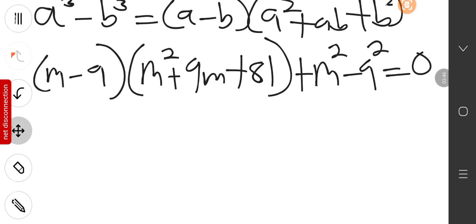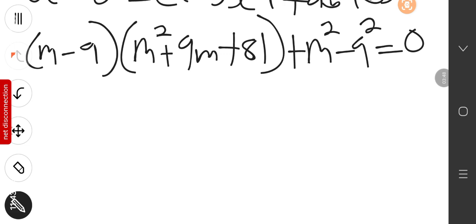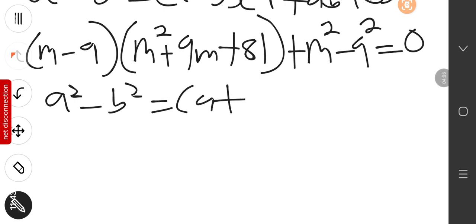The next thing you're going to do is to apply the difference of squares identity, because we have already applied the difference of cubes identity. So a squared minus b squared should always give us a plus b times a minus b.